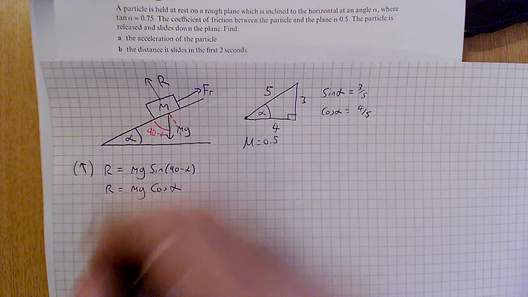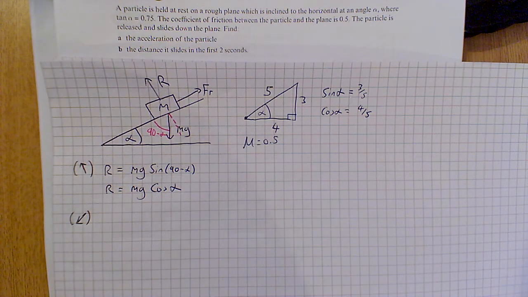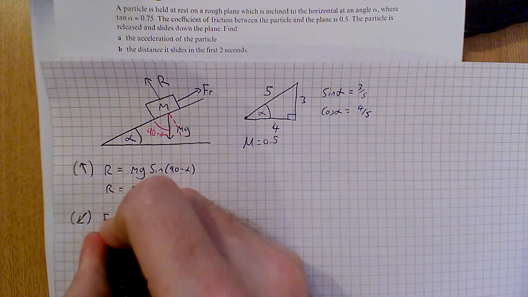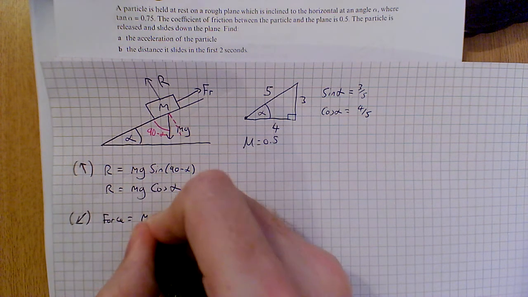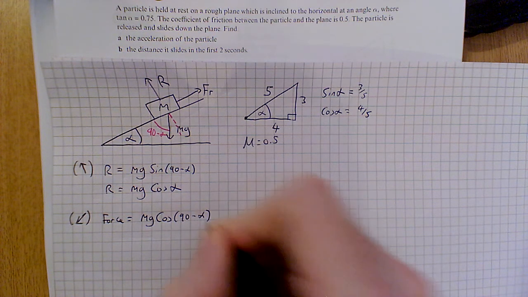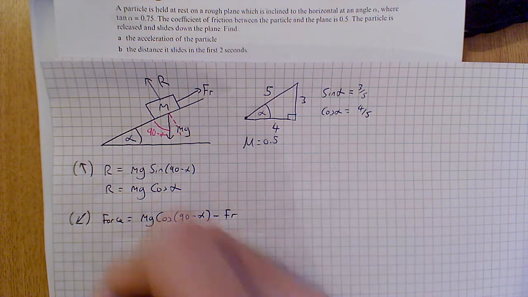So then we're going to resolve down the slope. This is the direction that we expect the object to move. So going down, we can see that the force is going to be mg cos of 90 minus alpha, and all we'll have resisting it is our frictional force.